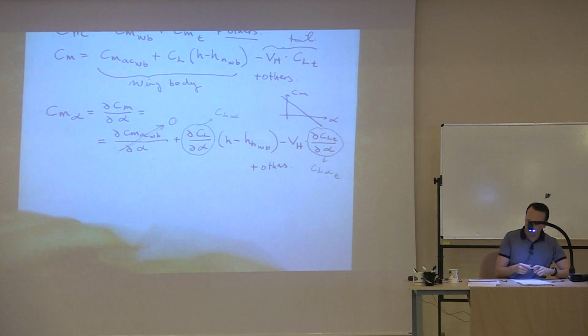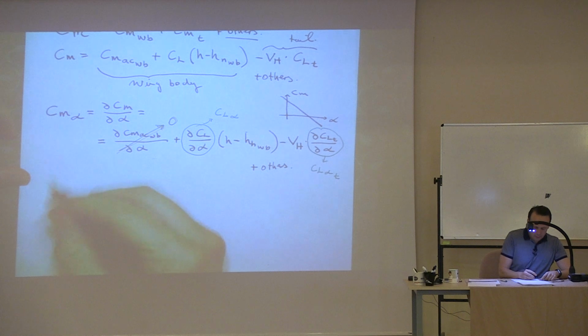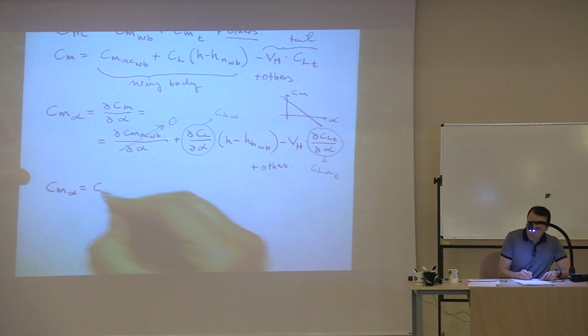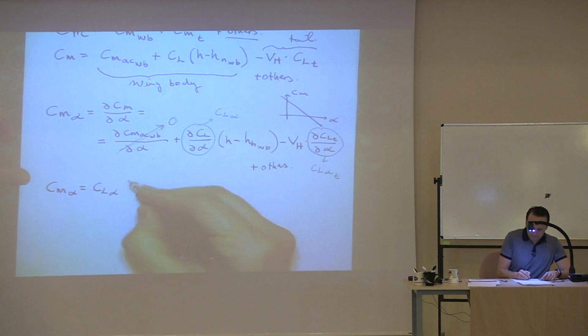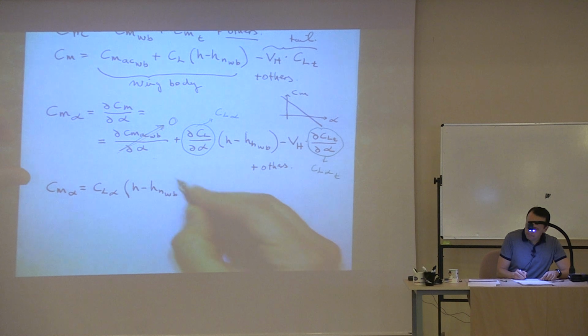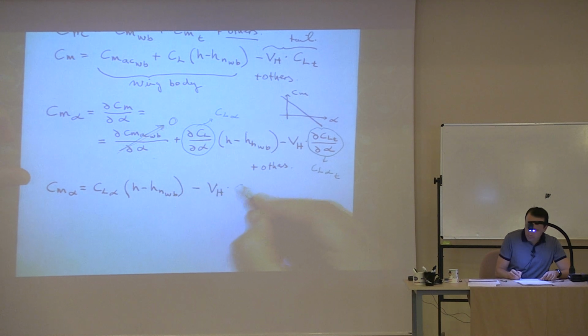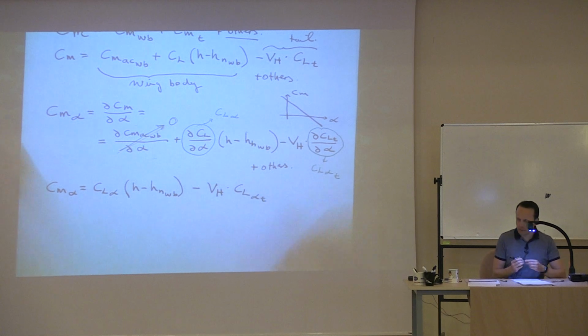Let's continue then. We have Cm alpha is equal to Cl alpha times (h minus hn of the wing body) minus VH times Cl alpha of the tail.